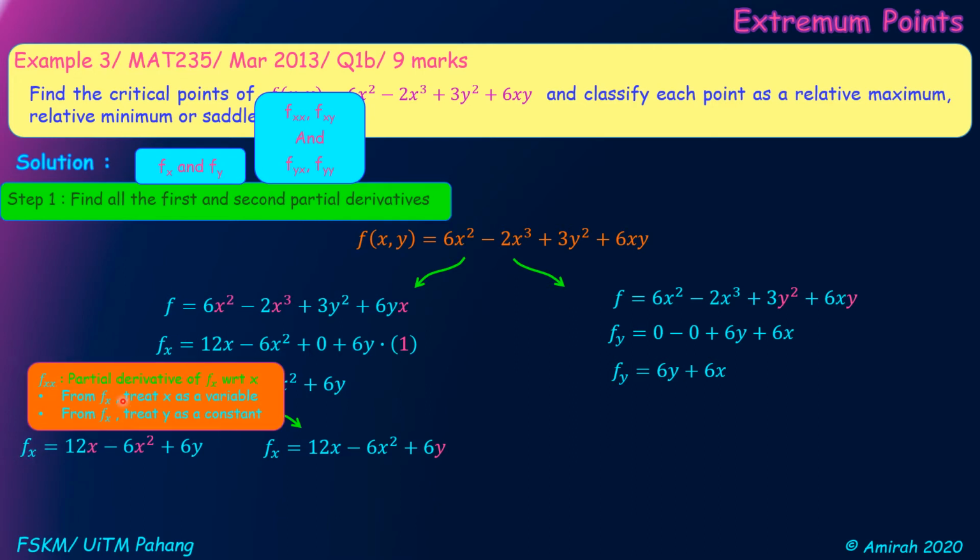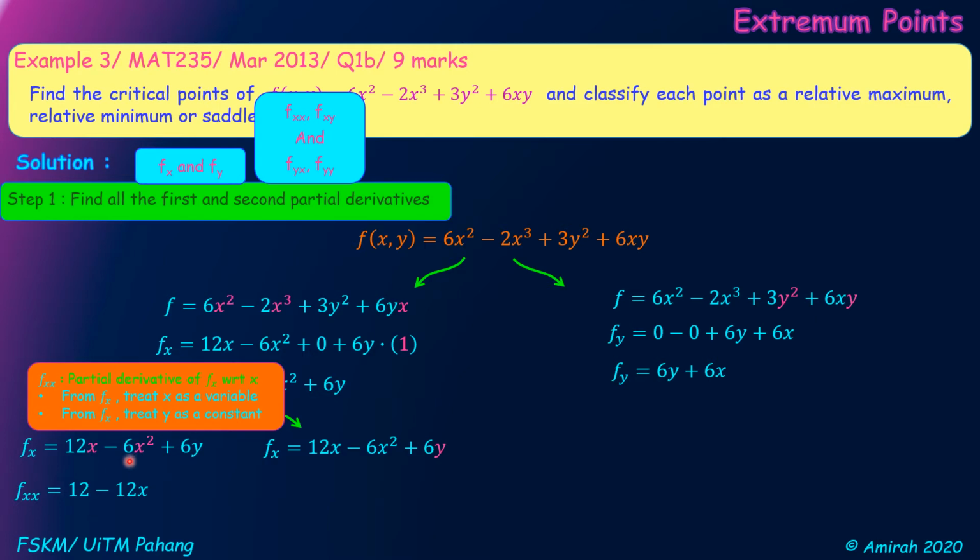fxx means partial derivative of fx with respect to x. From fx, we treat x as a variable. To avoid error and make it easy to differentiate, we can write variable y in a different color and put variable x at the back. Then we can find fxx. Since we treat x as a variable, when we differentiate 12x, the answer equals 12.